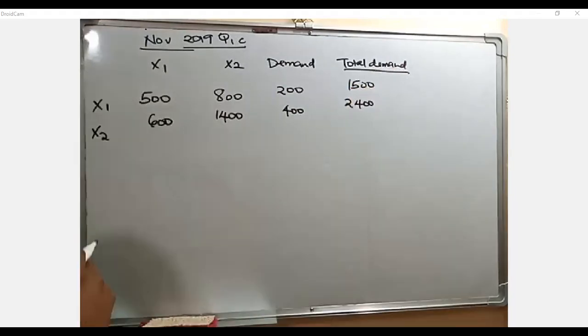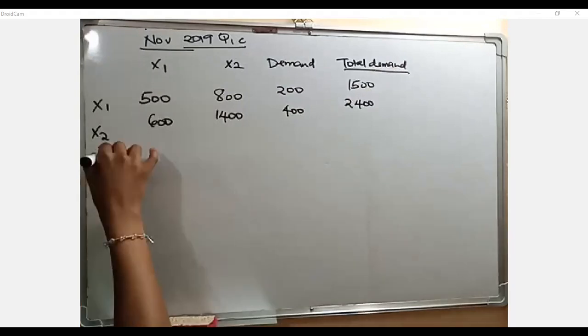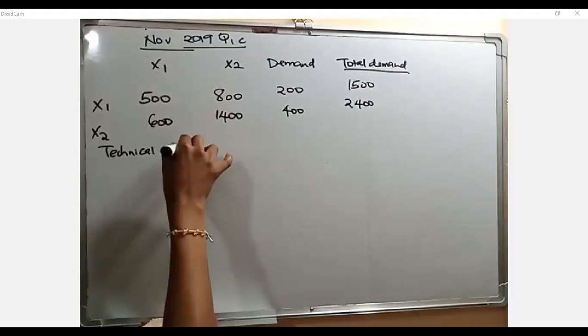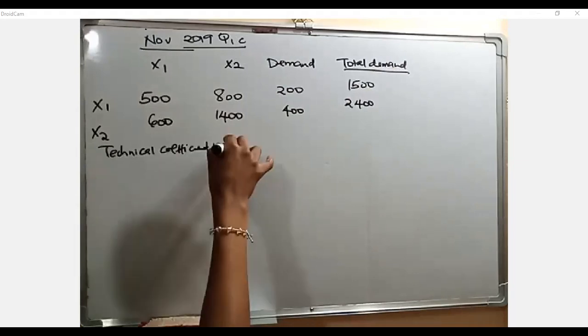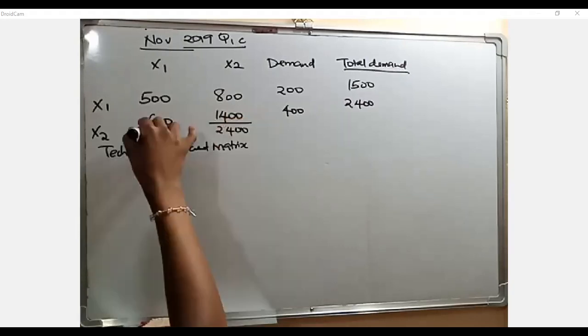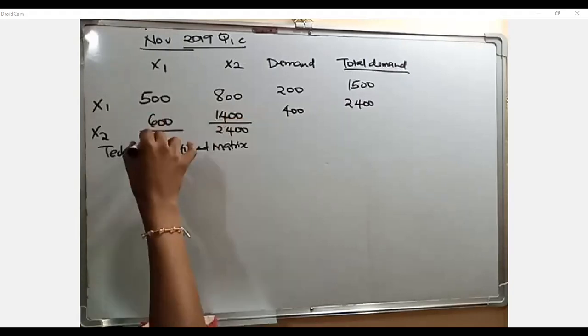So if, for example, I'm calculating my technical coefficient matrix, the total for the first column is 1500 and the total for the second is 2400.